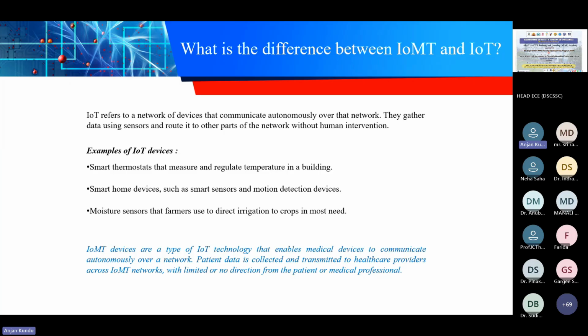If we want to measure the temperature of a room, there will be a temperature sensor like a thermostat in the room. It will measure the temperature and accordingly control the AC or something like that. That AC is an actuator in this process. Similarly, for the farmers, it's a moisture sensor, widely used particularly in farming. So this is the basic IoT. I am telling you some basic examples of the IoT.